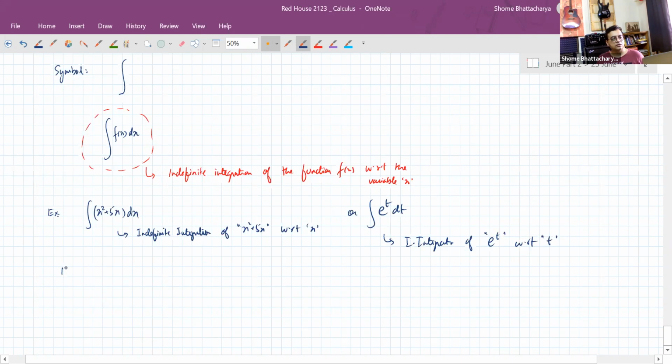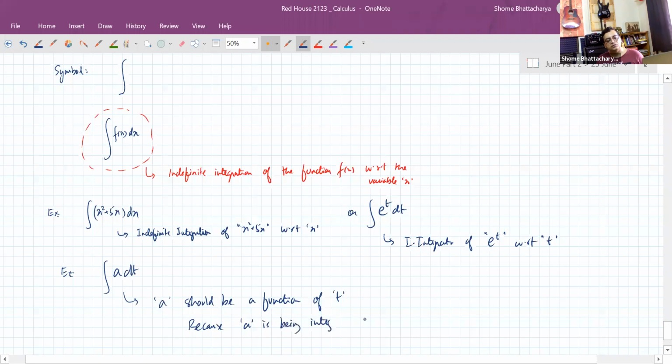Or if we write something like this, let's say a dt, here it is understood that a should be a function of t, because a is being integrated with respect to t.